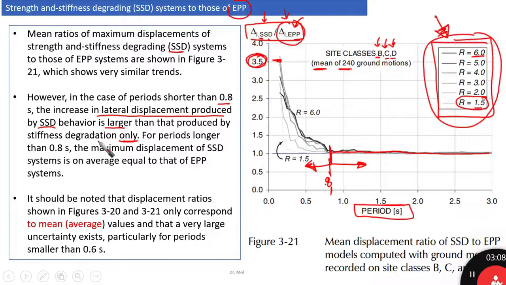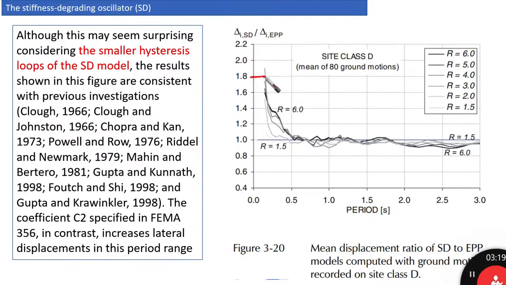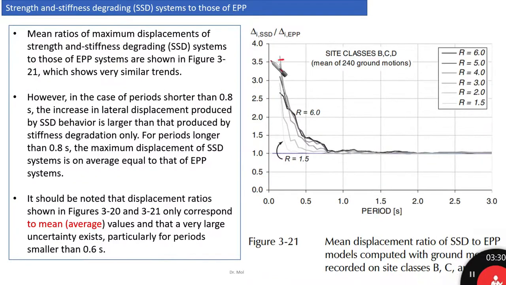That's right, because for stiffness degradation only, let's go to the previous one. Look here, the maximum was almost 1.8, almost double. But here we are talking about a maximum of 3.5, so there is a big difference.